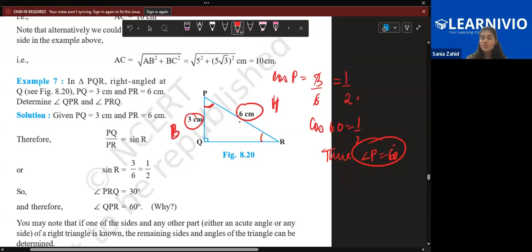So try to find a relationship between base and hypotenuse in reference to angle P. Base divided by hypotenuse was cos, so cos P is 3 divided by 6, which is 1 by 2. Which angle for cos was 1 by 2? Cos 60 was 1 by 2. That means angle P is 60 degree.